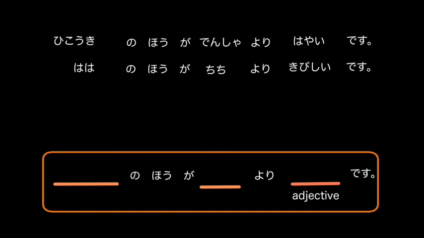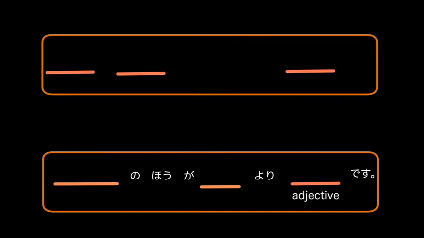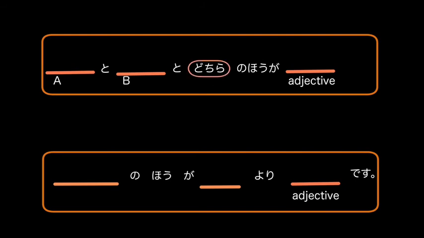The next step is for us to look at how we would create the question, because it's often the situation where you want to ask somebody to compare two things and give you their opinion. We start with the two objects linked with to, A to B, if we're looking at it in a formula. A to B, the two different things you're looking at. We follow that with to and the word dochira, meaning which one.